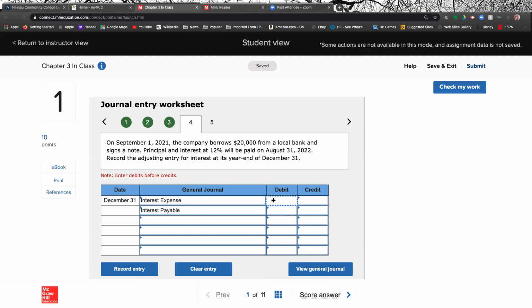So we could say 12% a year divided by 12 months is 1% a month. $20,000 times 1% is $200. And we need 4 months. So 4 times 200 is $800. Interest expense, $800. Interest payable, $800. Right? And again, when I click score answer, it should tell me.